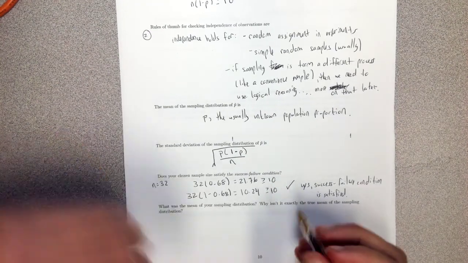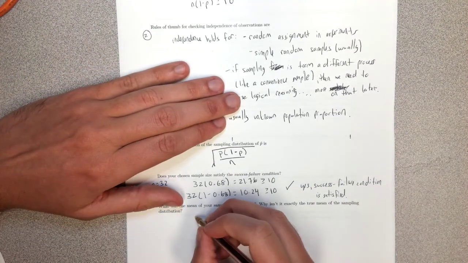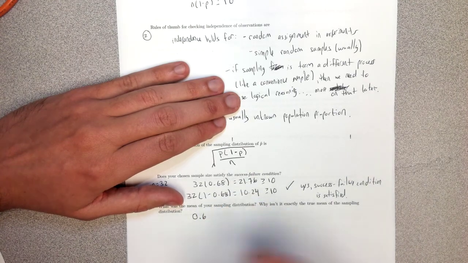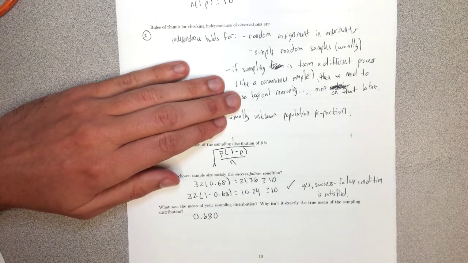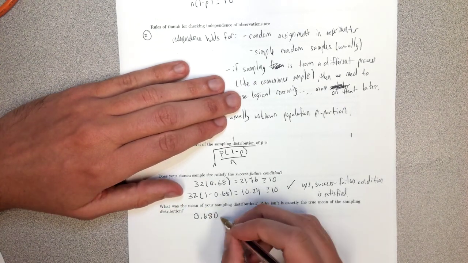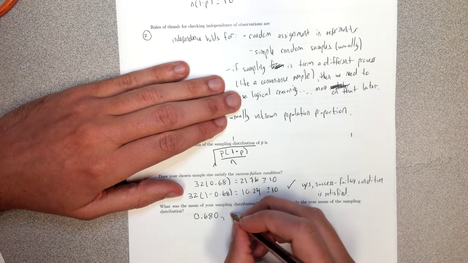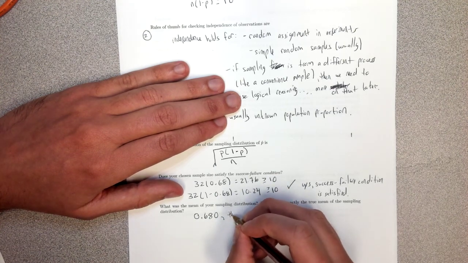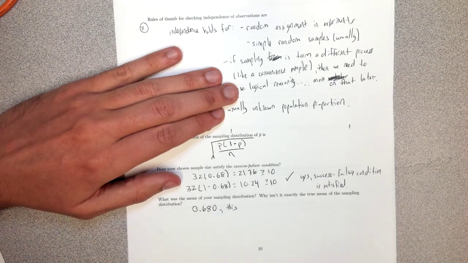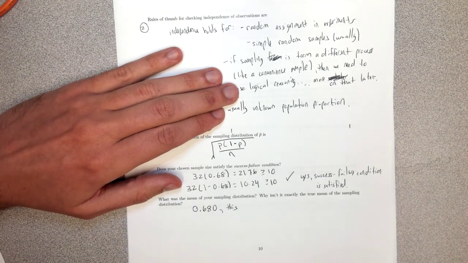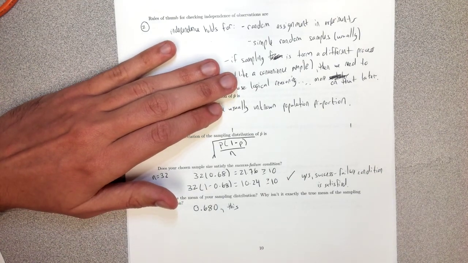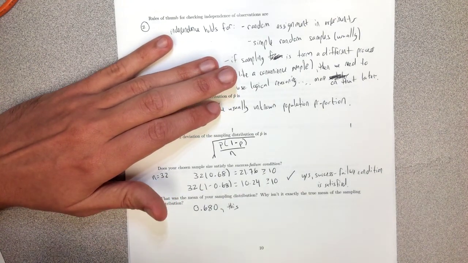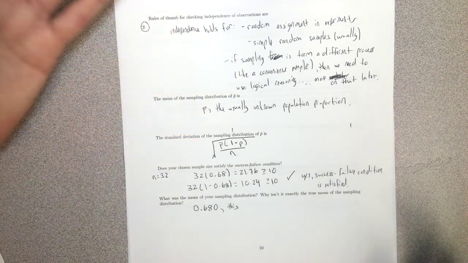The mean of our sampling distribution will change for each of us. I think mine was exactly 0.680, but this isn't always going to be exactly 0.68 because we only took thousands of samples. It would be exactly 0.68 if we took an infinite number of samples, which is pretty much impossible.